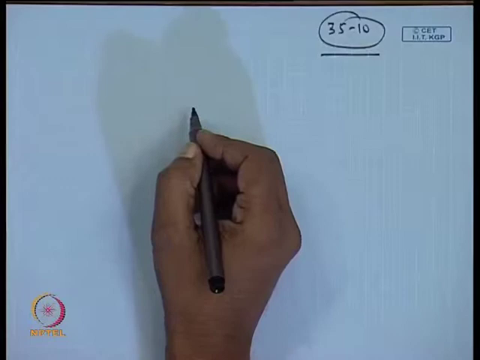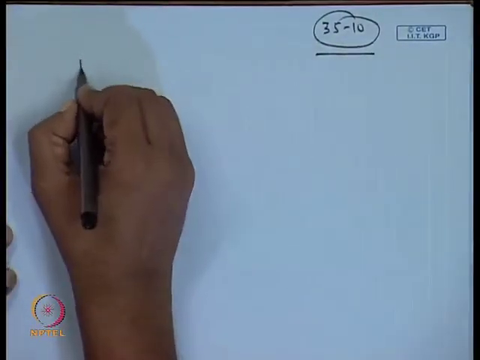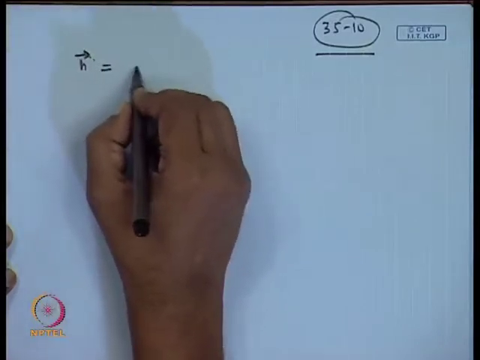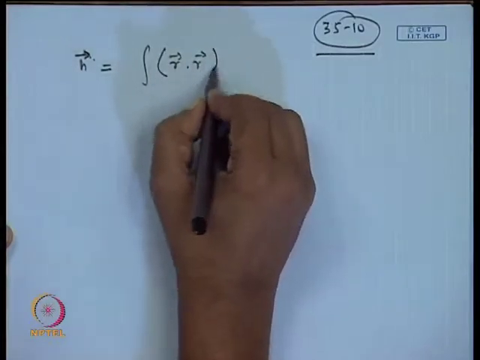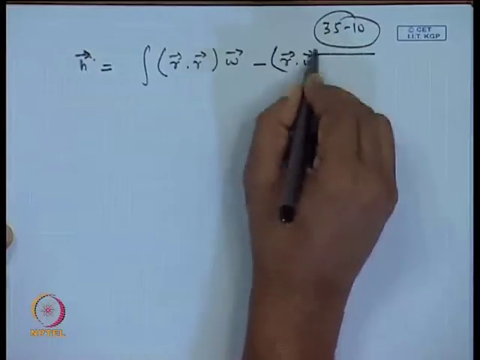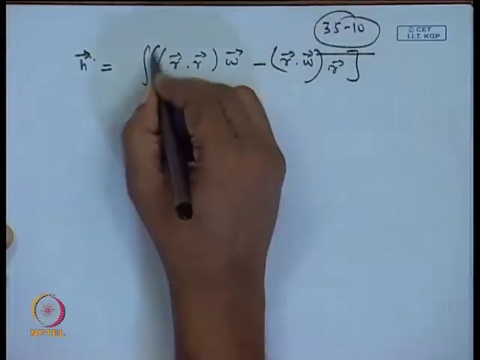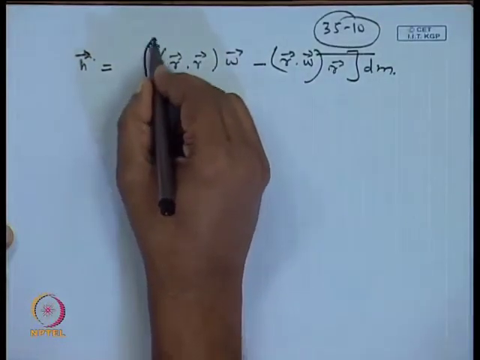Now, if you look for the equation that we started with, H equal to the integral of r cross r dot, and this we integrated over the whole body.